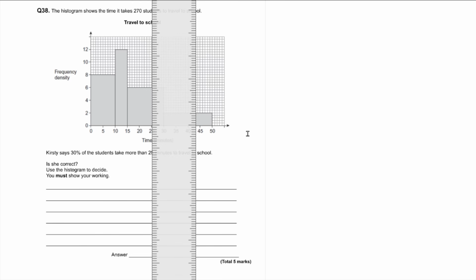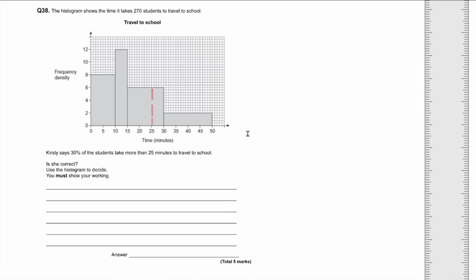So it's a little bit like the first question, in that we're then going to have to work out the area of the bit to the right of that line, aren't we? Okay, so we need to find this area, this part of this bar, and then the area of this bar here. Okay, and then add it together. That should be the number of people who took 25 minutes or more to travel to school, and then we can work that out as a percentage of the total.